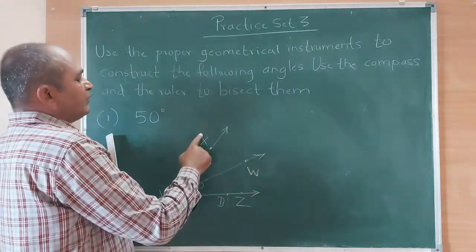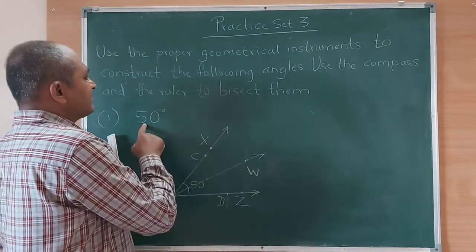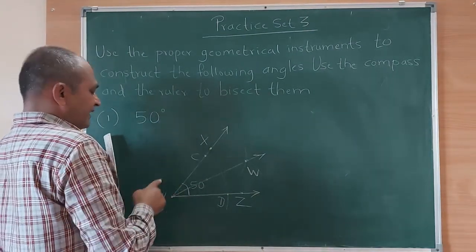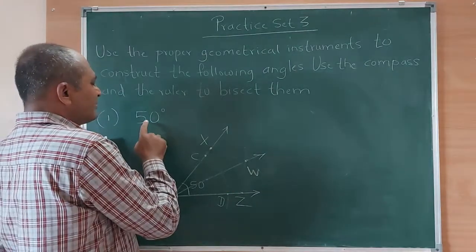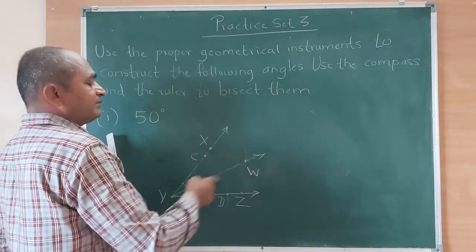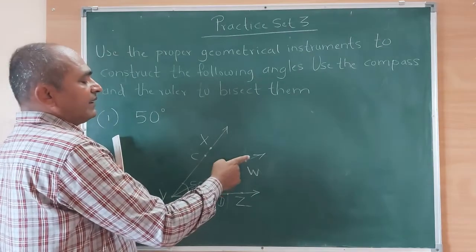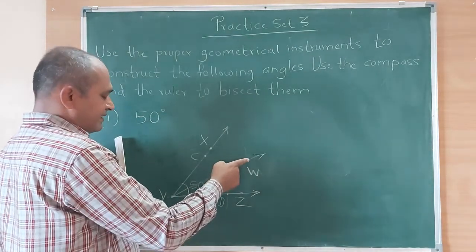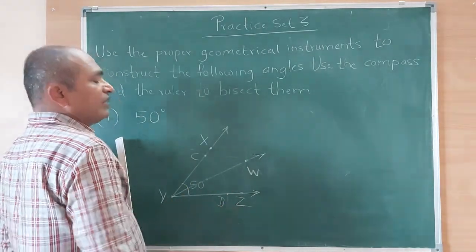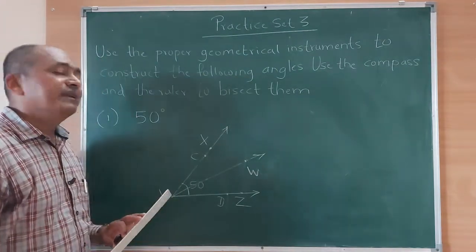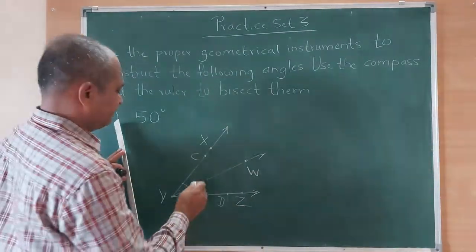The measure of angle XYW is equal to half of 50, means 25, and the measure of angle WYZ will also be equal to 25 degrees.